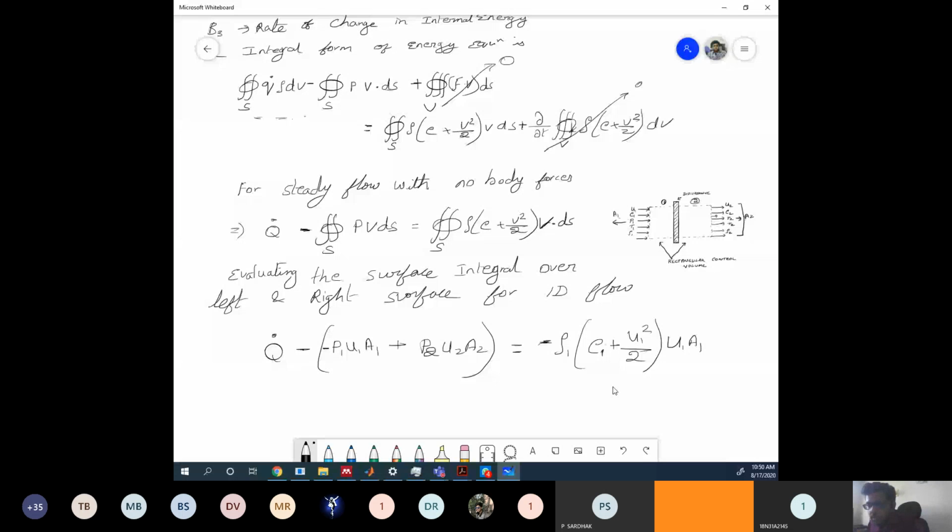Now this can be simplified and written as Q dot.